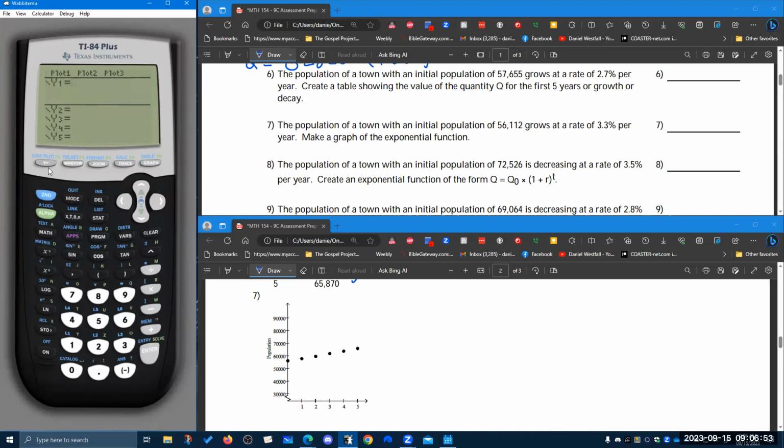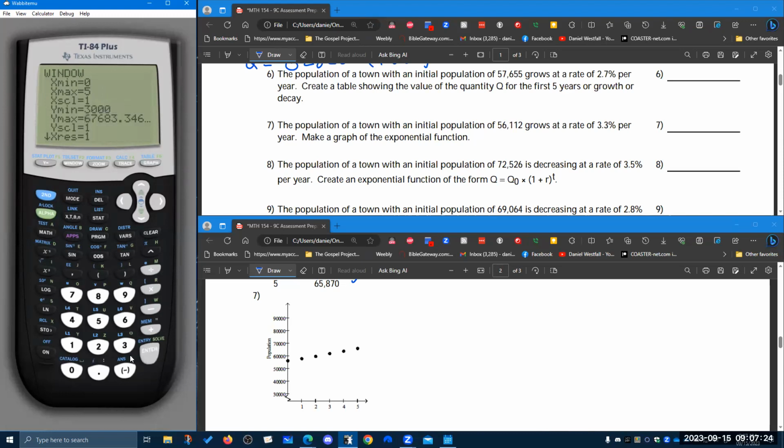I'm going to go into stat plot, and then I'm just going to graph a scatter plot here, turn my plots on, and I'm going to zoom 9, that's zoom statistics, and I'm going to make my graph match hers now. So window, my X min is going to be 0. My X max is going to be 5. I'm going to go by ones. My Y min is going to be 3,000.